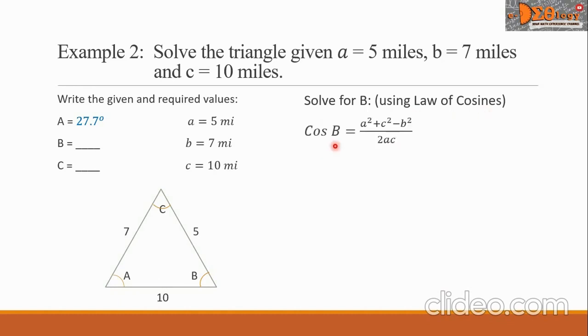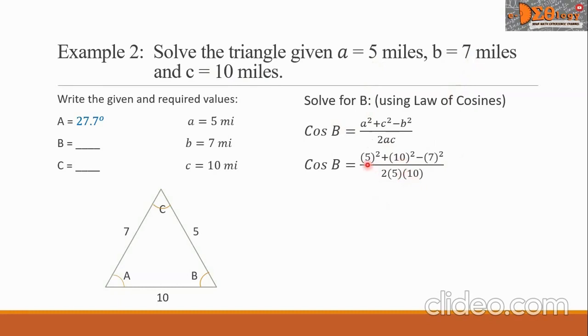So the cosine of B equals A square plus C square minus B square all over 2AC. Let us substitute the values. So this is now the cosine B equals 5 square plus 10 square minus 7 square all over 2 times 5 times 10.